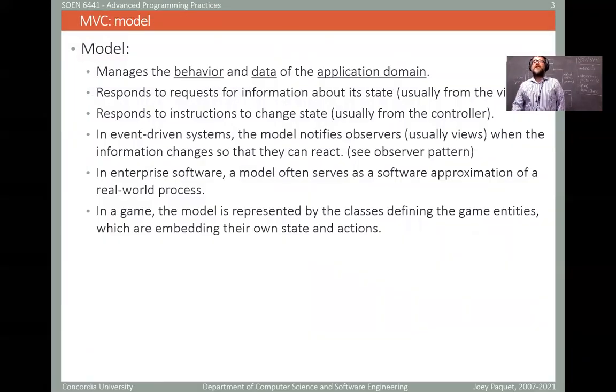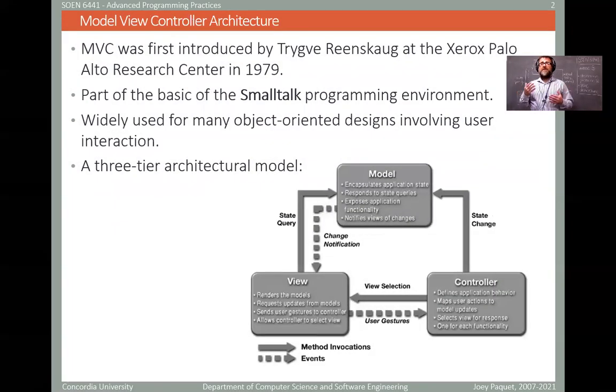Here is the description of each of the components or subsystems, because the model is composed of several classes. For example, in our project, you have the map, the player, the territories on the map, and the cards. These are all parts of the model classes of the entire application.